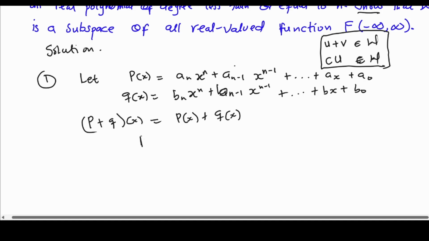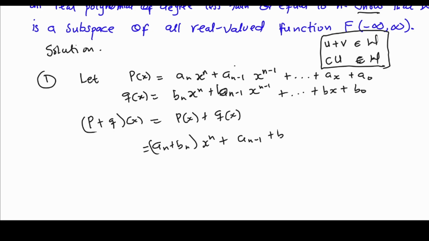So if you are going to add, you're going to have a_n plus b_n times x^n plus a_(n-1) plus b_(n-1) times x^(n-1) plus a_1 plus b_1 times x plus a_0 plus b_0.